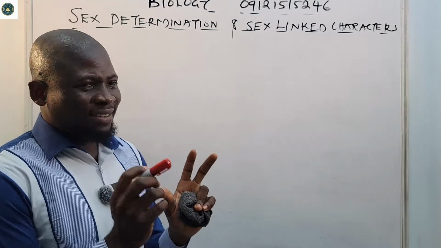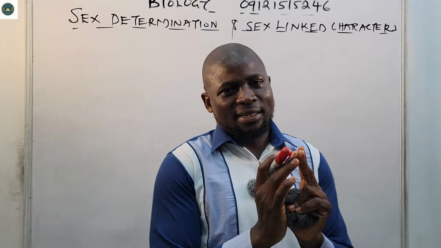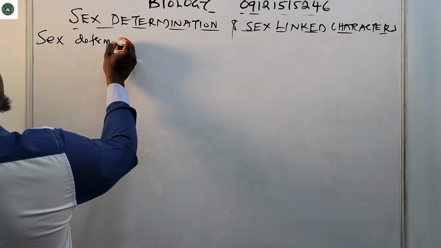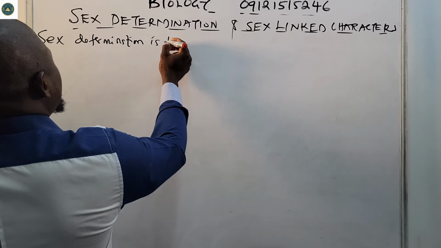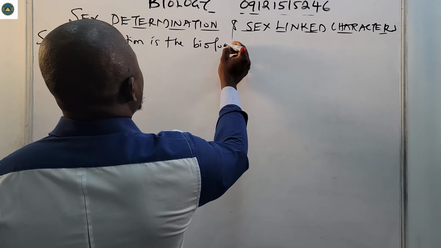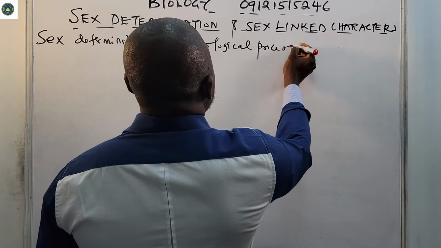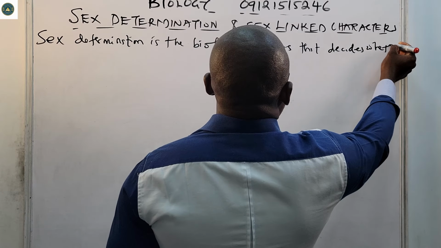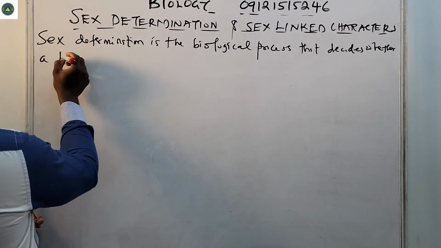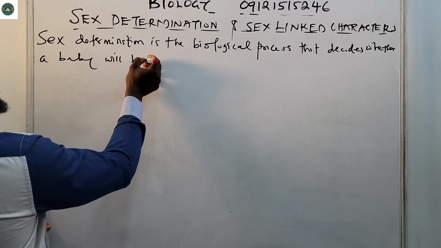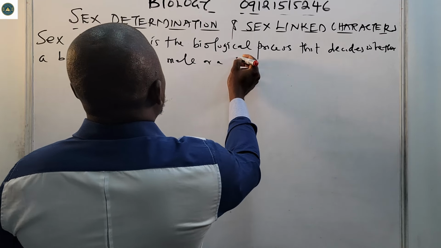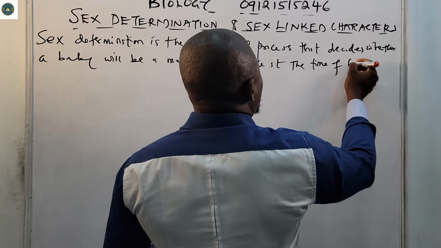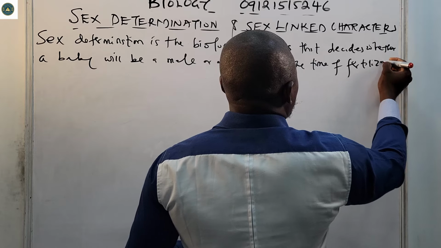We define sex determination as a biological process. Sex determination is the biological process that decides whether a baby will be a male or a female at the time of fertilization.